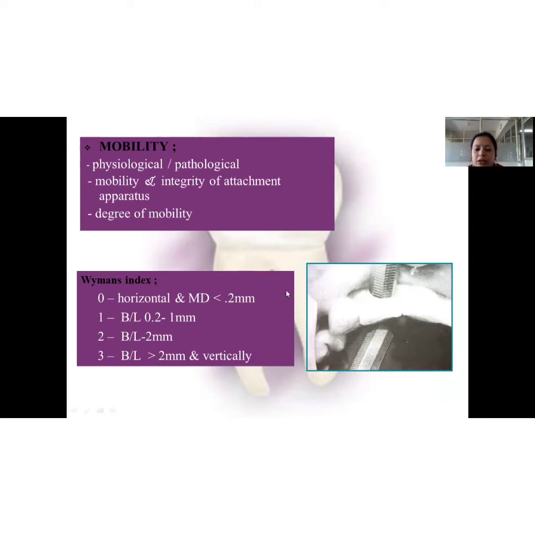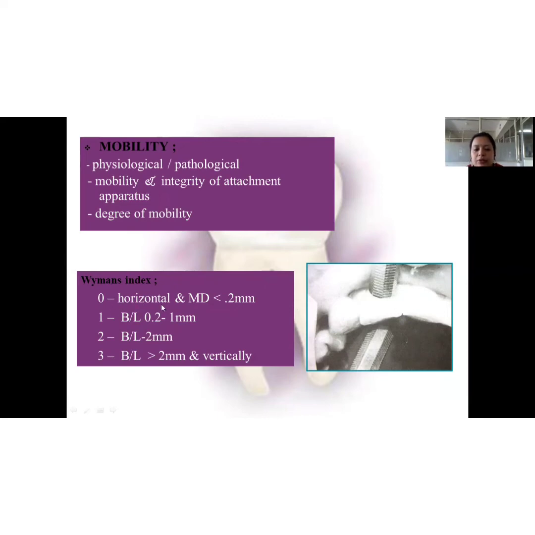The degree of mobility can be checked with the help of Miller's index. We place two mirror handles on the tooth like this and check horizontal mobility, buccolingual mobility, and vertical mobility.